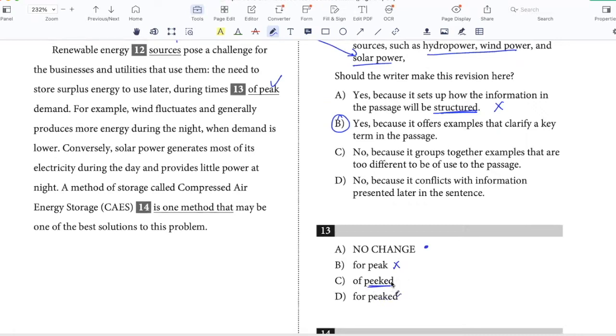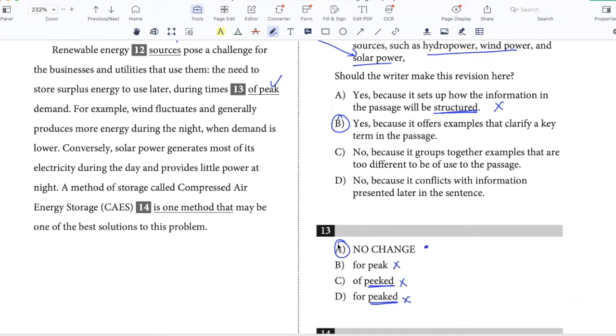And peaked is to peak, take a peek, for example, to look at something. So that's not what we are looking for. We are looking for PEAK, and not peaked, right? We're looking for the adjective peak. So it's A.